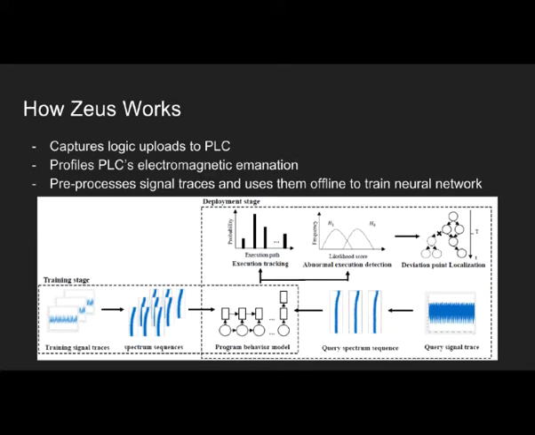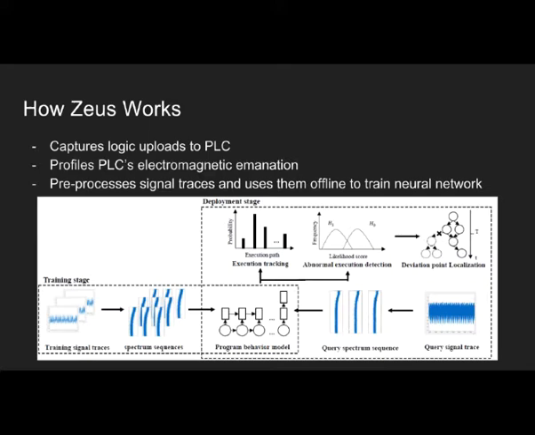It cuts it up and uses combinations to determine the feasible control flows, that is, how the PLC will use this code, and it trains a neural network. This is done entirely offline between the Zeus monitoring system and the PLC. It takes a piece of code, exercises it, measures the electromagnetic signals coming out, and from there builds a network.